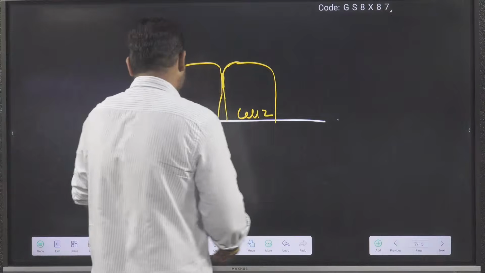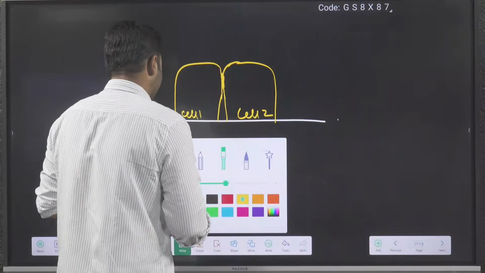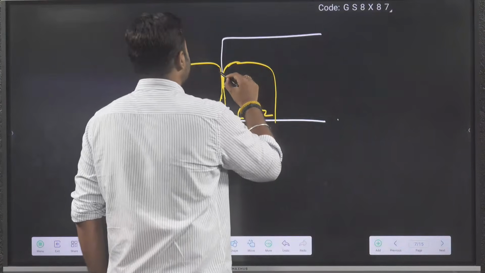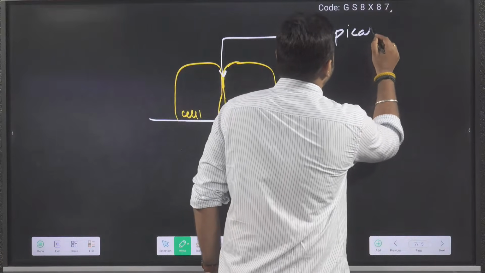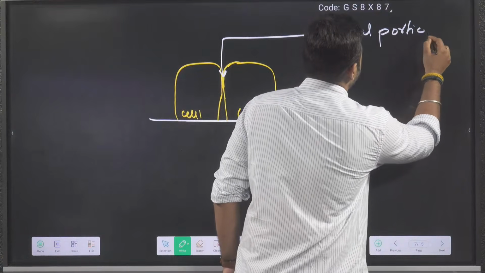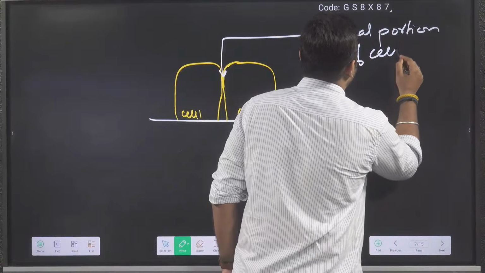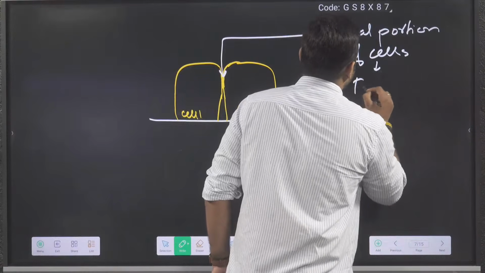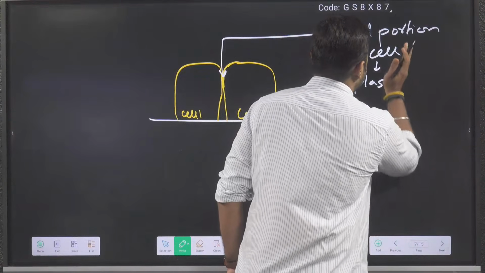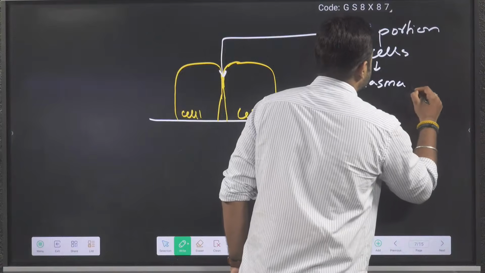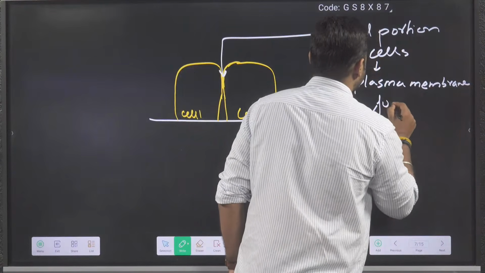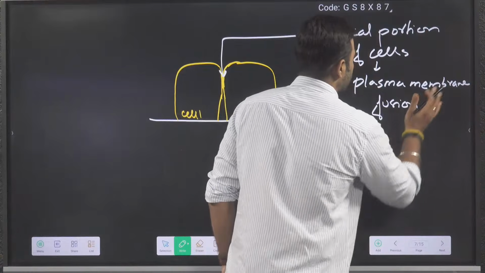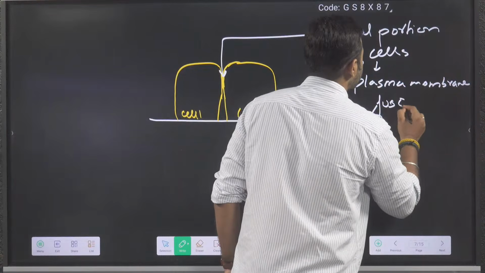On the apex portion, on the apical portion of the cells, the plasma membranes are fused with each other.